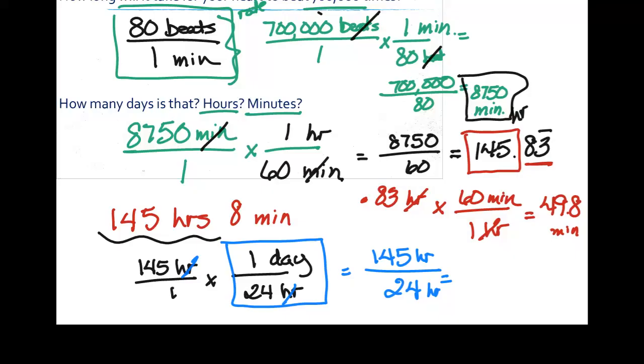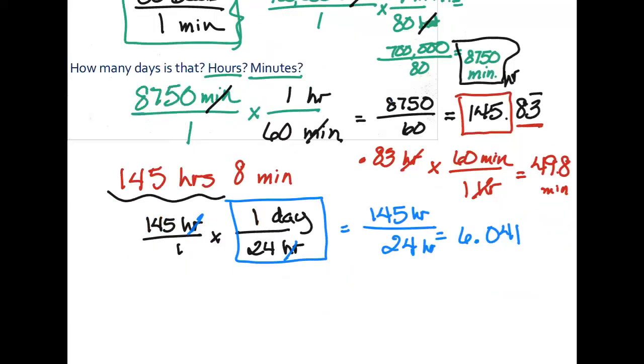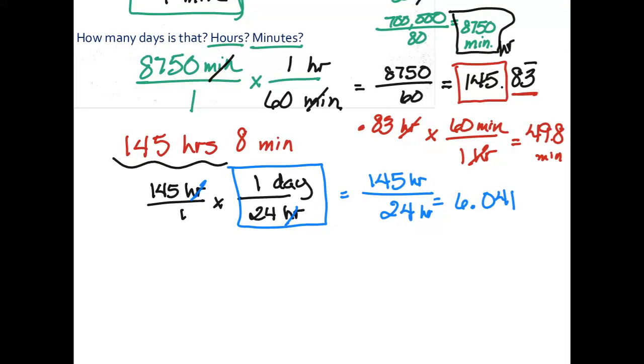What's 145 divided by 24? 6.041. Does it keep going or does that stop? So that means this is my days. Okay, so we're at 6 days.